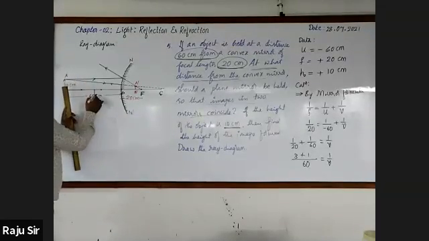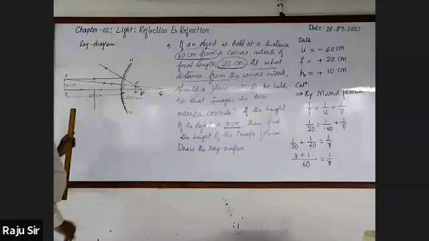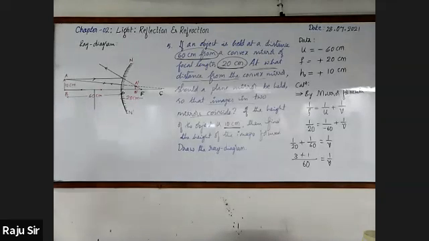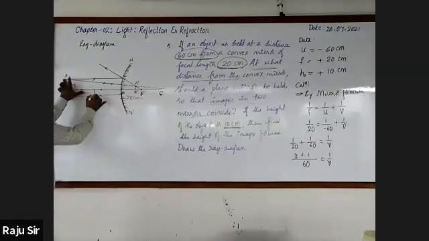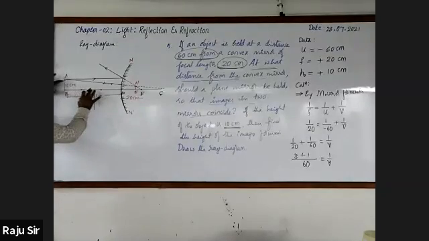Let me draw. If I want to get the image of this object, this should be the non-reflecting surface, right?